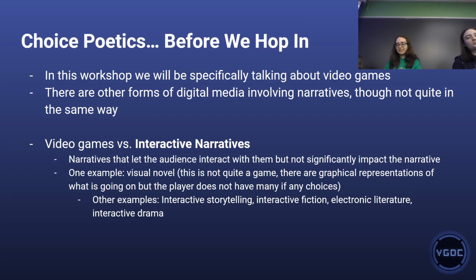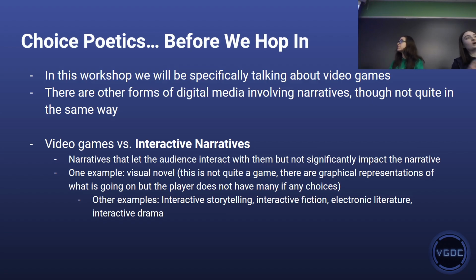Okay, so before we jump into the meat of something called choice poetics, we did want to talk a little bit about that. In this workshop, we will be specifically talking about video games, and there are other forms of digital media involving narratives and some other types of narrative design, though not quite in the same way. We just wanted to reiterate that we're definitely talking about the choice-based video game usage of narrative design.